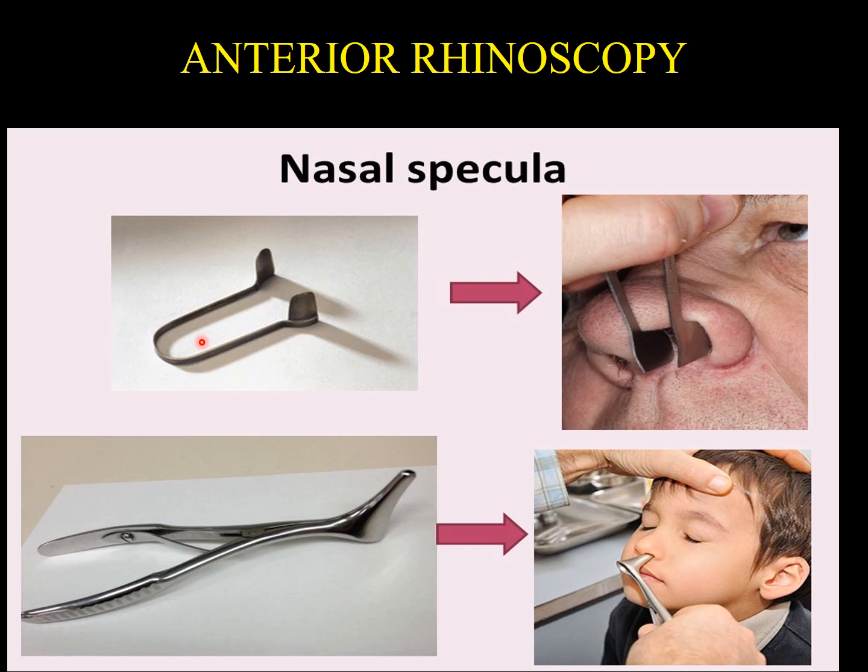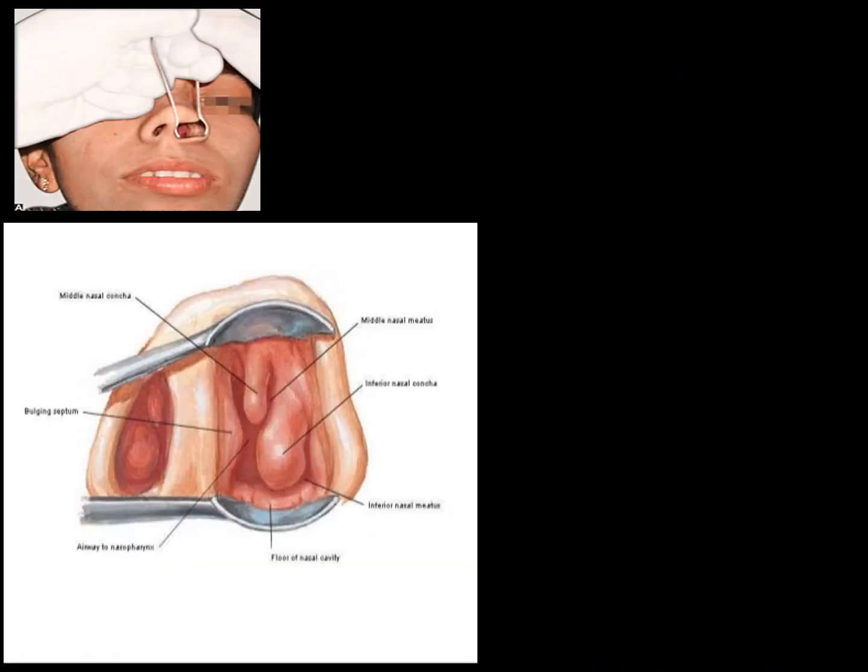There is a specific way of holding this speculum, and all of you should know how to hold it and how to perform anterior rhinoscopy, because you will be assessed on this procedure during your exam and short case. And this is Killian's nasal speculum. Again, this is the way to hold it and insert it.